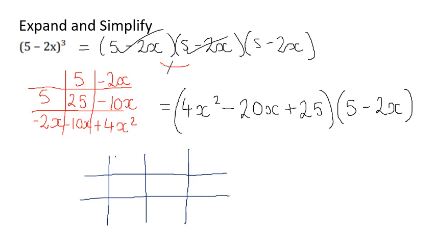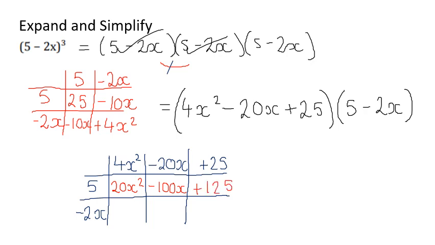So we have 4x squared, take 20x, plus 25, timesing it by 5, subtract 2x. So, putting in the grid, 5 times 4x squared is 20x squared. 5 times negative 20x is negative 100x. 5 times 25 is 125.